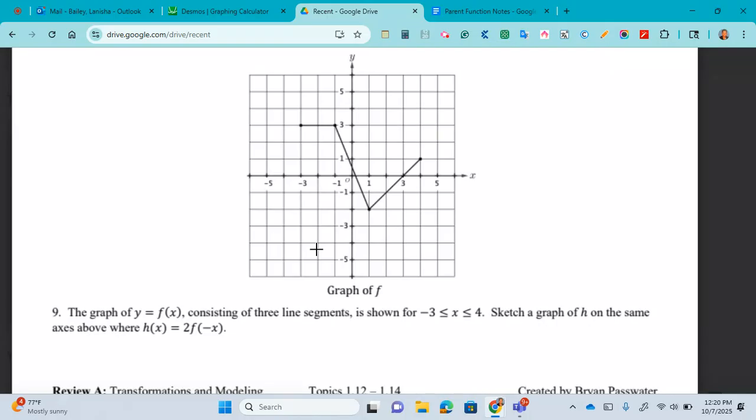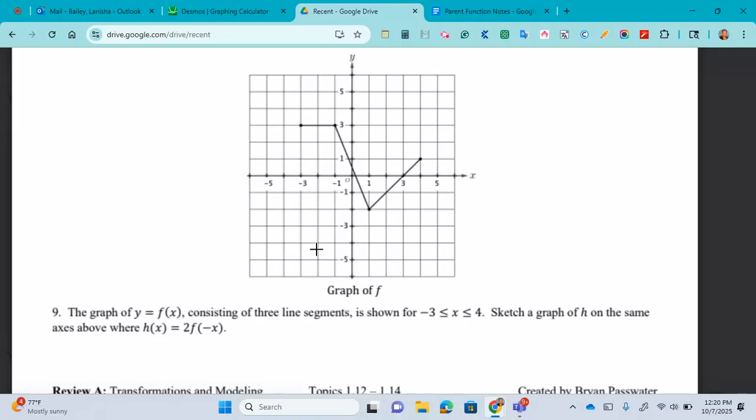All right. We're going to sketch the graph of H. Let's look at H. So that 2 means what? Vertical stretch by a factor of 2. So all my y values will be vertically stretched by a factor of 2.